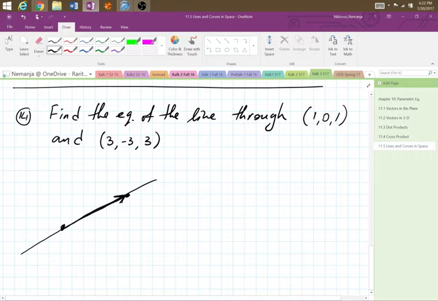So if I have this point as 1, 0, 1, and this as 3, negative 3, 3, the slope in between them will be that slope v, which is the 3D slope. So we get vector v by subtracting these, which is 2, negative 3, 2.